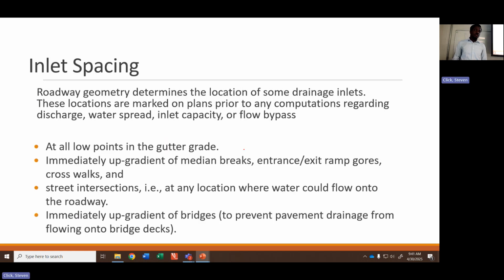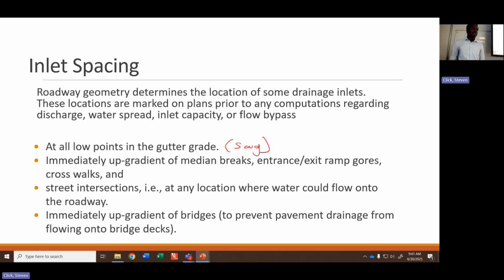Okay, so let's go to inlet spacing. Apart from using the longitudinal slope of the vertical curves to determine the spacing, there are standard areas where regardless of the slope or other features of the road, you have to place inlets at those areas. Areas such as intersections, low points along the gutter grade, that's the sag points.